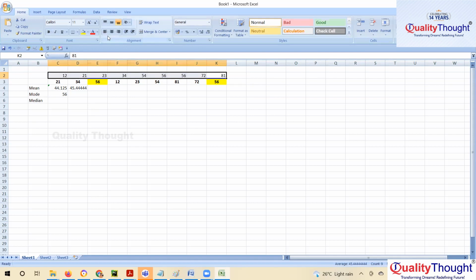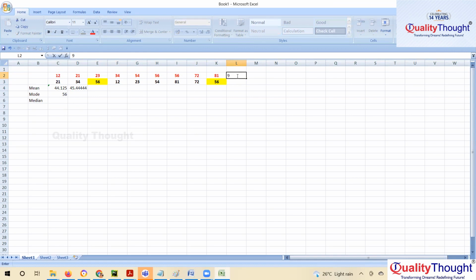Step 2, count how many numbers you have: 9, right? So 9 means 4 on each side of the middle.